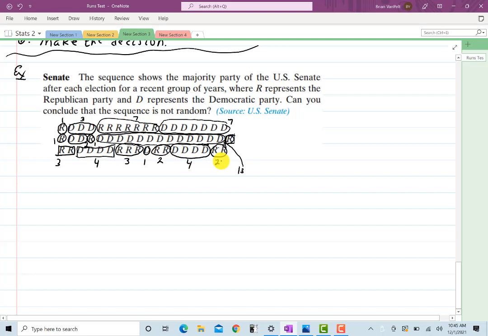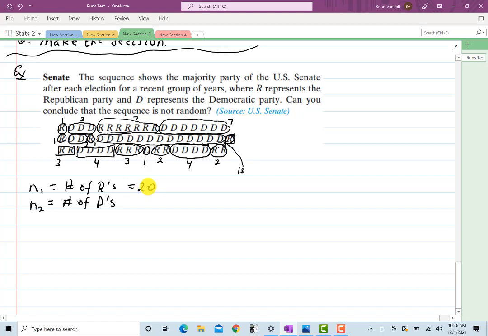So let me get my numbers down here. Let's start with n sub 1. I'm going to let that be the number of R's. And then n sub 2 will be the number of D's. So let's take a look then. For the Republicans, how many do I have? I have 1 plus 7, that's 8, 9, 10, 11, 12, 13, 14, 15, 16, 17, 18, 19, 20.